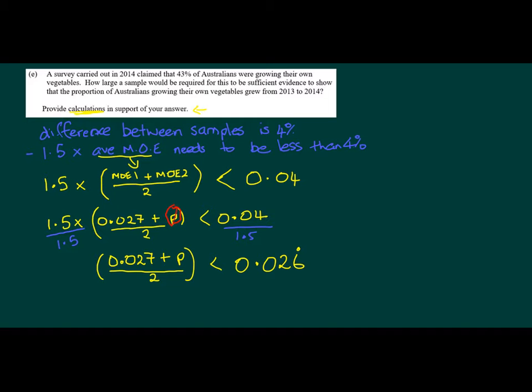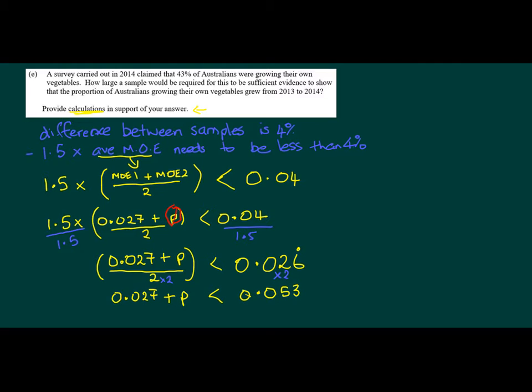Now we need to get rid of this 2 here. So we multiply both sides by 2. That means we're left with 0.027, plus P, is less than 0.053.